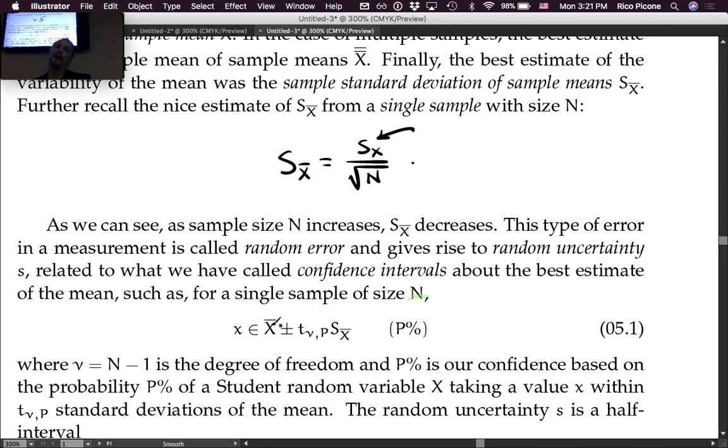So we take the mean of our sample and then we say it's near that mean. It's plus or minus the sample standard deviation of the means multiplied by the t-value. The t-value being dependent on, remember the t from the student's t-distribution, where nu is the what?